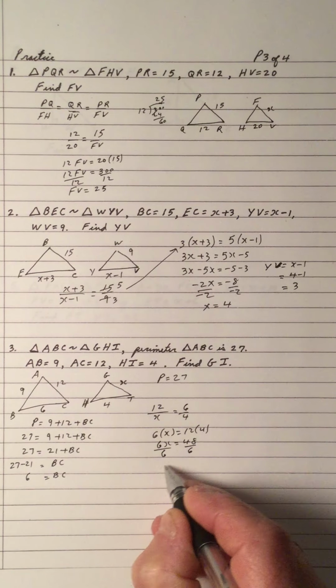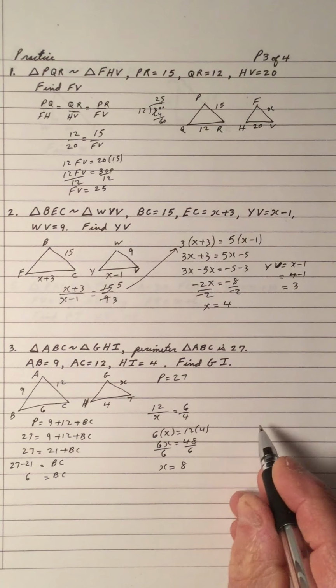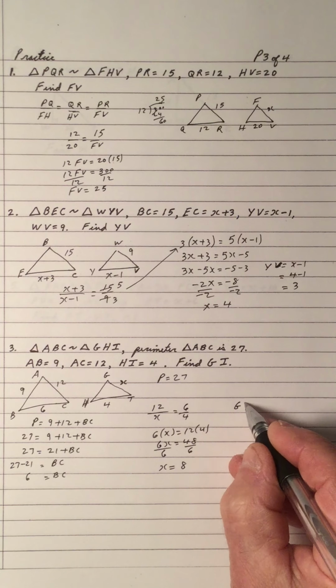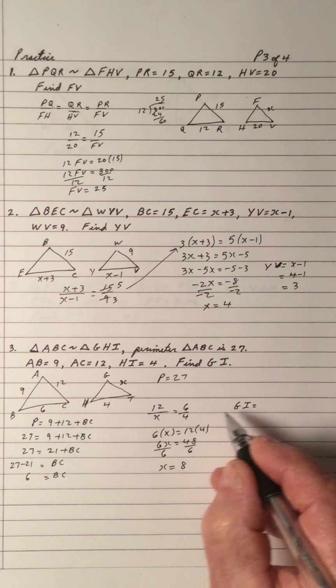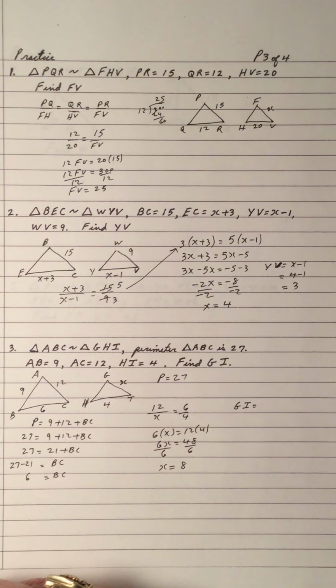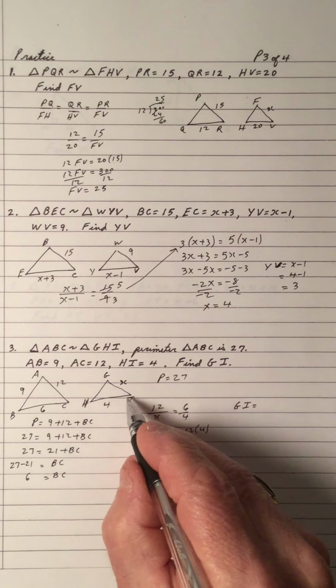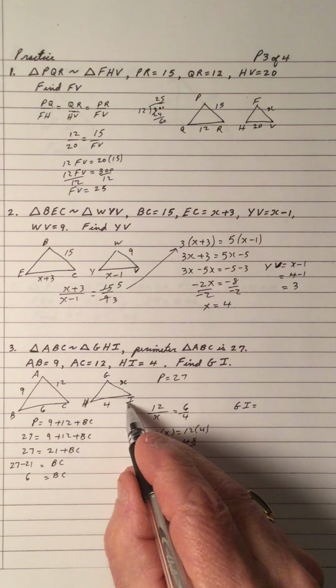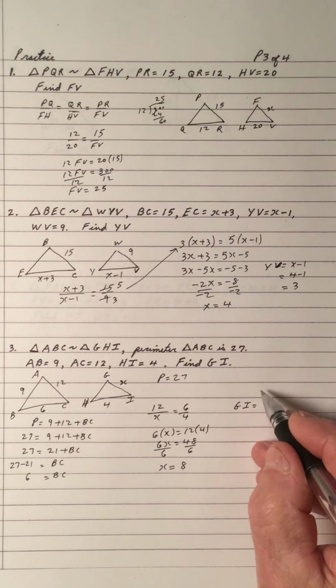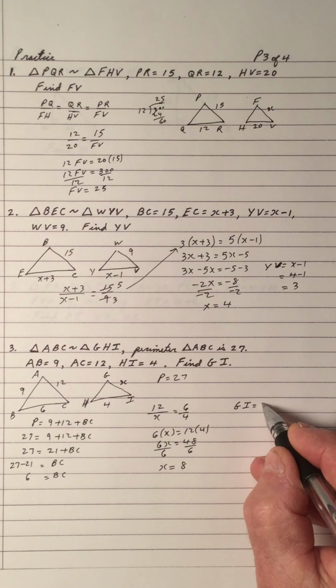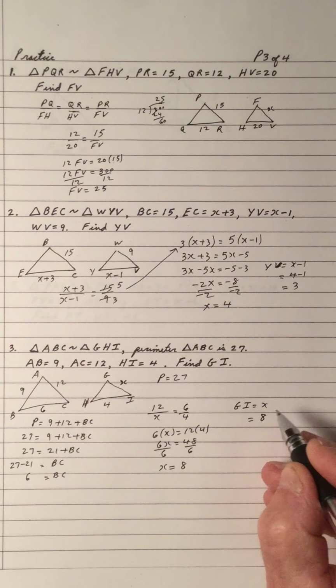Divide by 6, and x is equal to 8. So GI, oh, that's an I. We did all that work. GI is x. So GI is what x is. So that's 8.